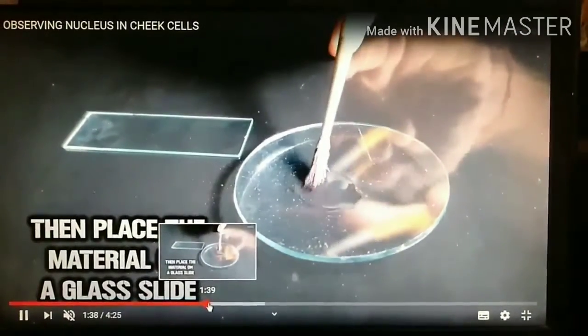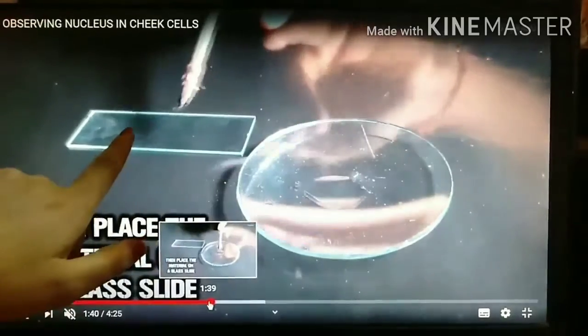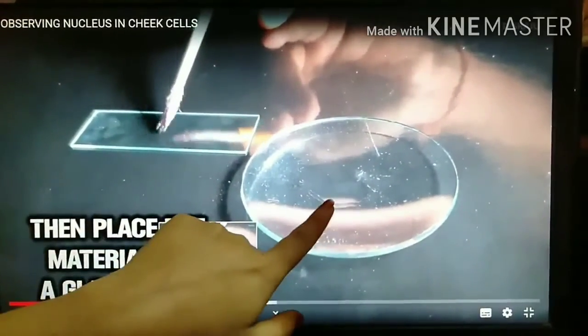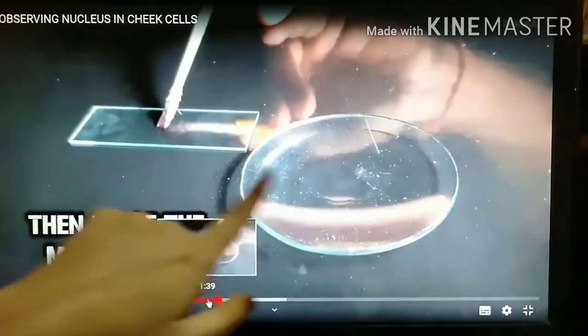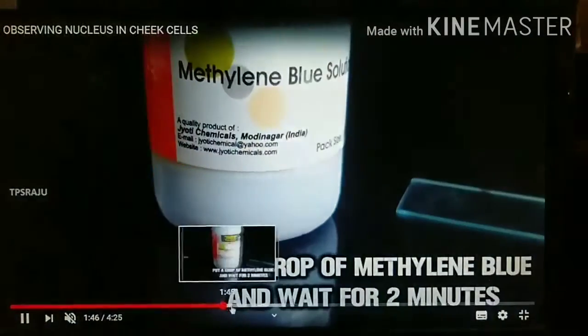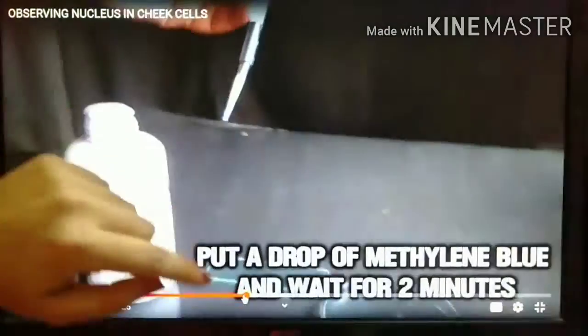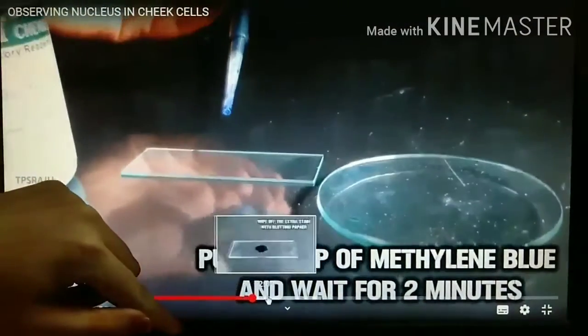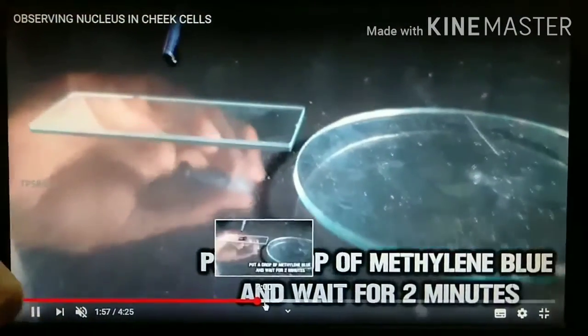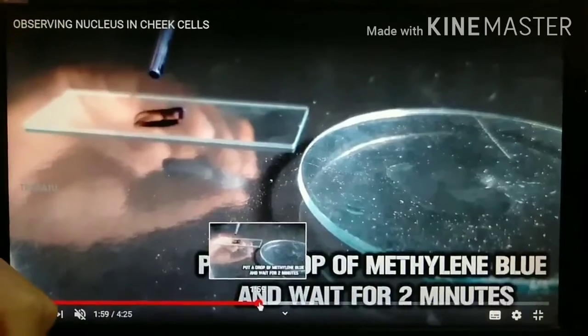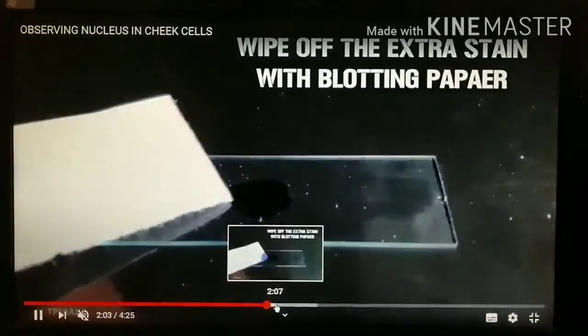Then keep one drop of the water mixed with cheek cells on the glass slide. After that, add the dye. You already know why we use dye: to observe more clearly.